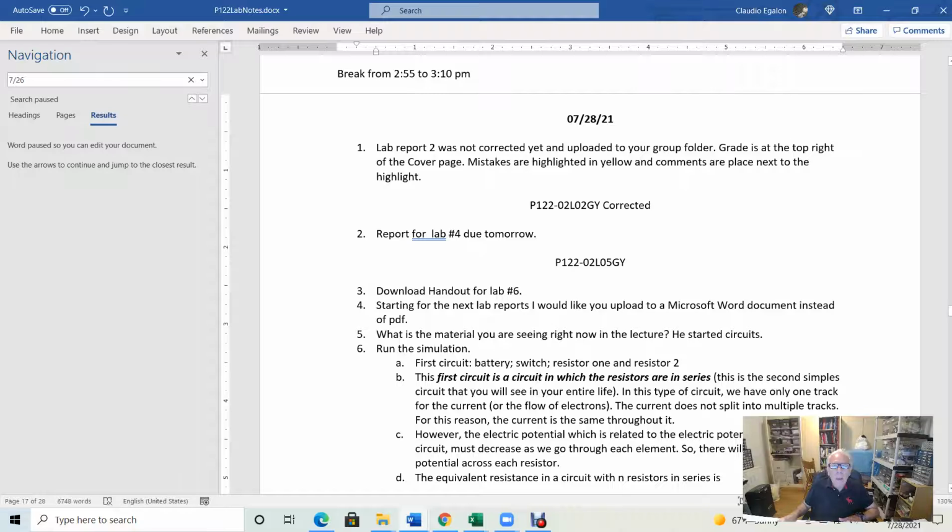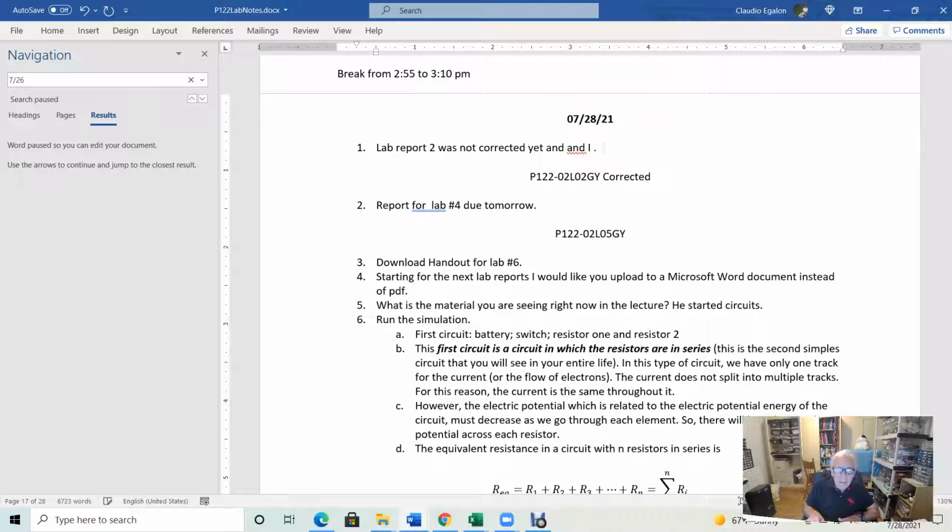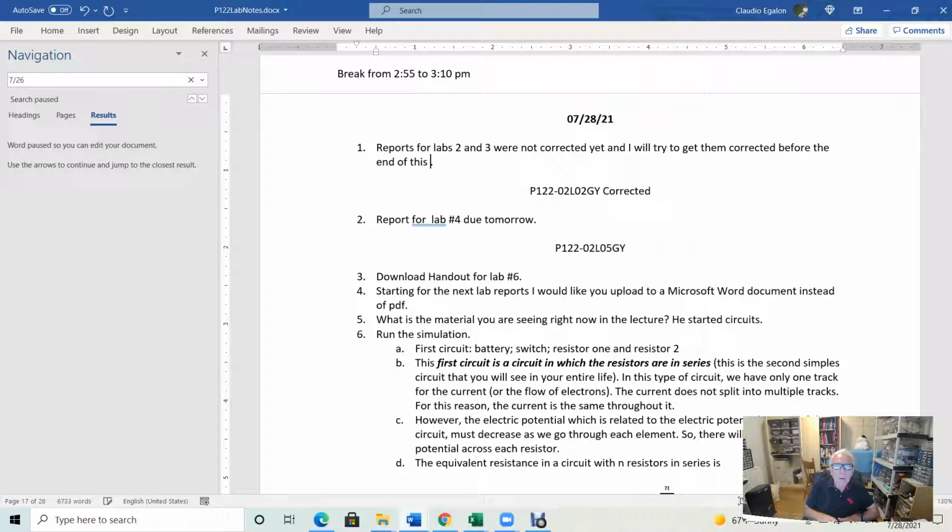I'll try to get it corrected this weekend. Lab reports for labs 2 and 3 were not corrected yet. I'll try to get them corrected before the end of this weekend.